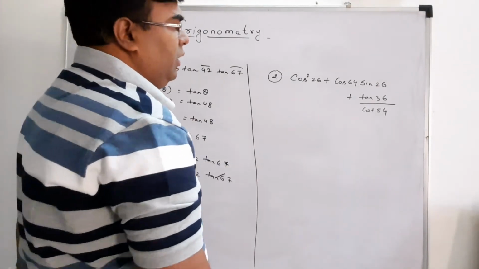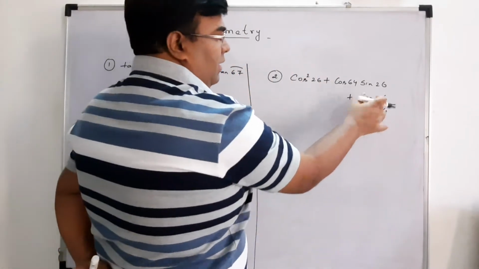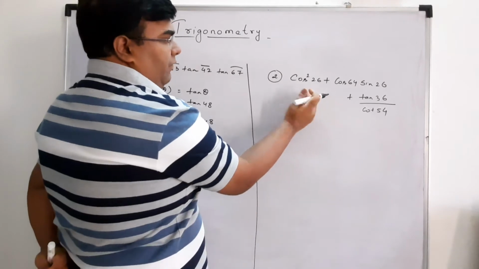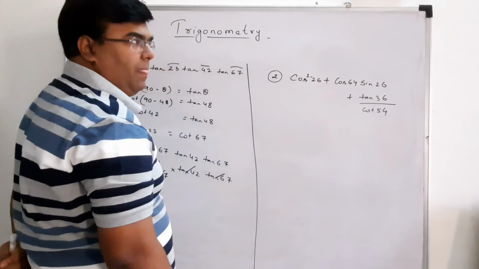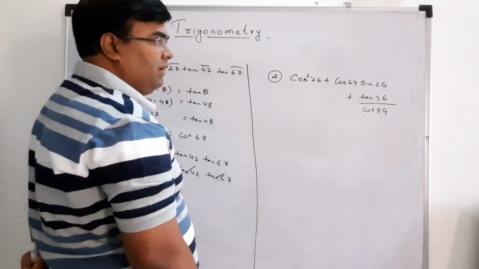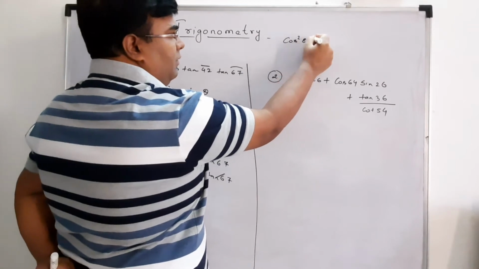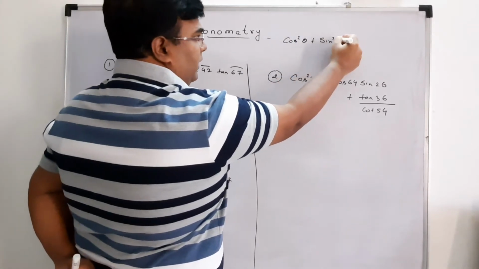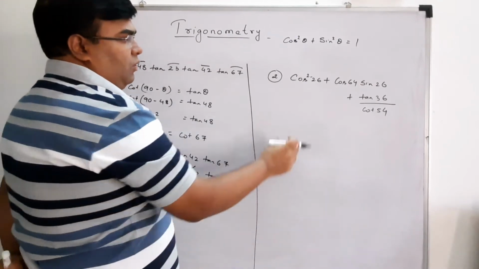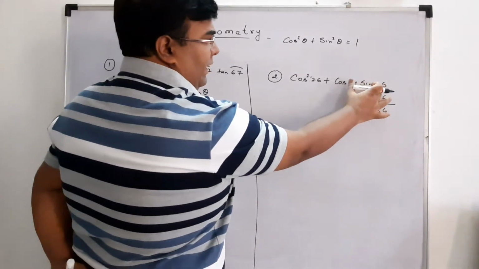Cos square 26 plus cos 64 sin 26 plus tan 36 upon cot 54. We know wherever a square term is there, we need to use the fourth relationship, which is identities. We know that cos square theta plus sin square theta is 1. So we have cos square 26 plus cos 64 sin 26.